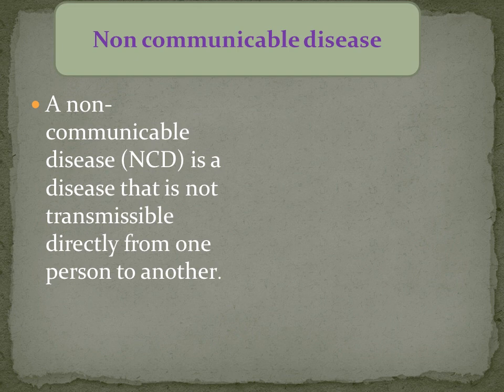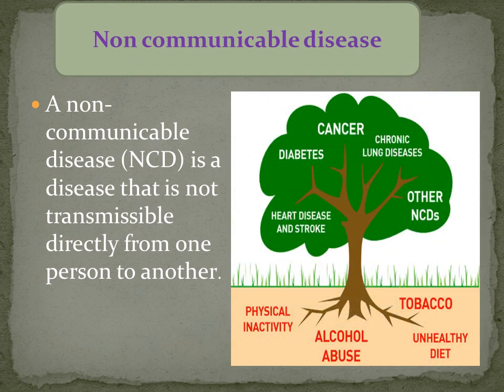There is no direct transmission. For example, if a person is affected by cancer, then that person cannot infect another person directly. The other such diseases are chronic lung disease, diabetes, heart disease and stroke.